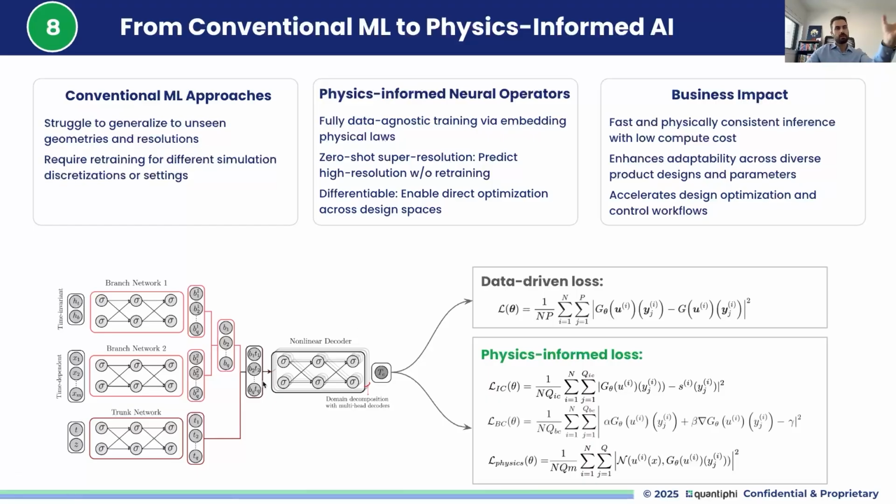So at the bottom, you can see our physics-informed neural operator architecture, and on the right-hand side, we are showcasing the two different approaches we can train these models. The top one is the conventional approach that I highlighted its limitation. This is data-driven, very similar to the neural network loss that we are familiar with. At the bottom, you can see physics-informed loss terms. Each term describes one aspect of the physics that describes the real world system.